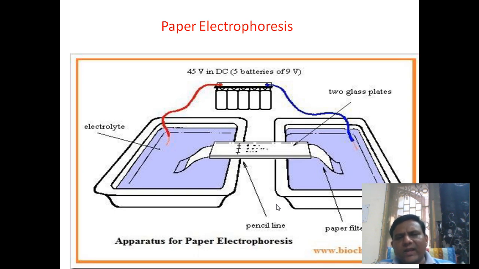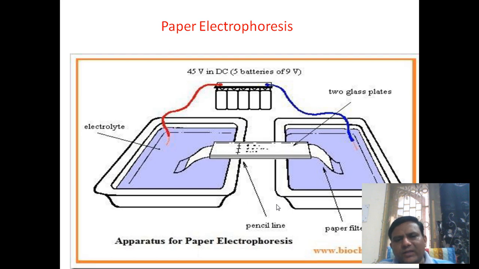In the same way, your molecule also travels toward the opposite charge electrode in paper electrophoresis. On the paper we load the sample, and your sample has a particular charge. In chromatography, there is no requirement of a charged molecule. We can separate molecules on the basis of chemical nature.